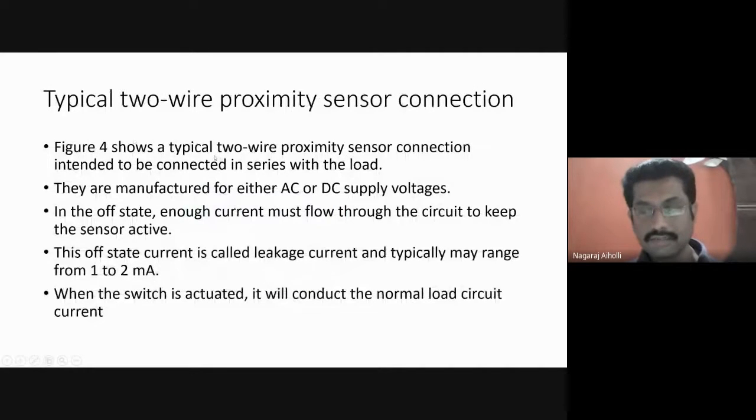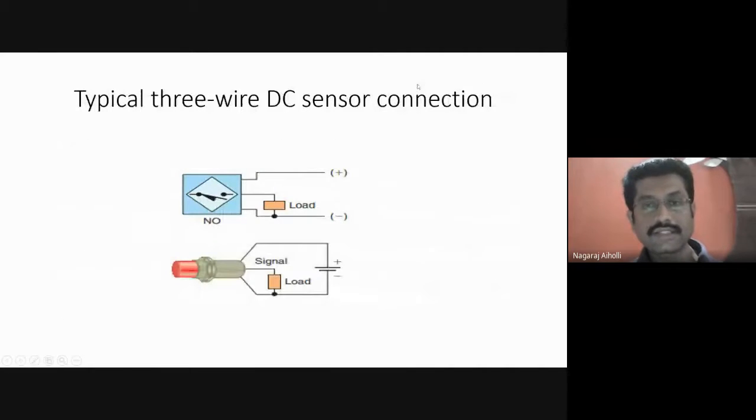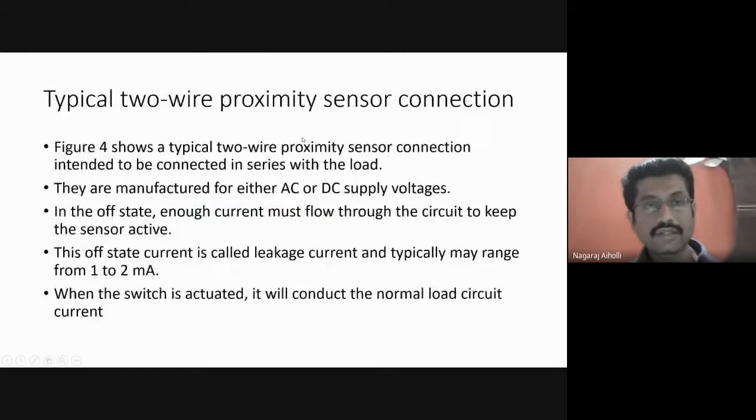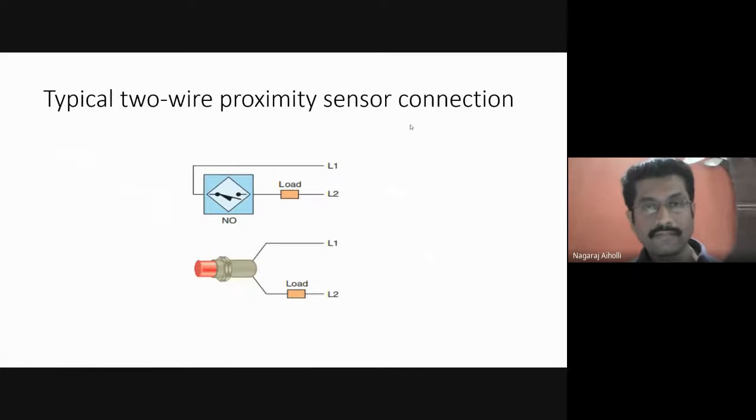And next, this was a 3-wire DC sensor connection. Next one is the 2-wire proximity sensor connection. It is slightly different from the previous one. As you can see, there is a series connection of the load to one of the terminals.